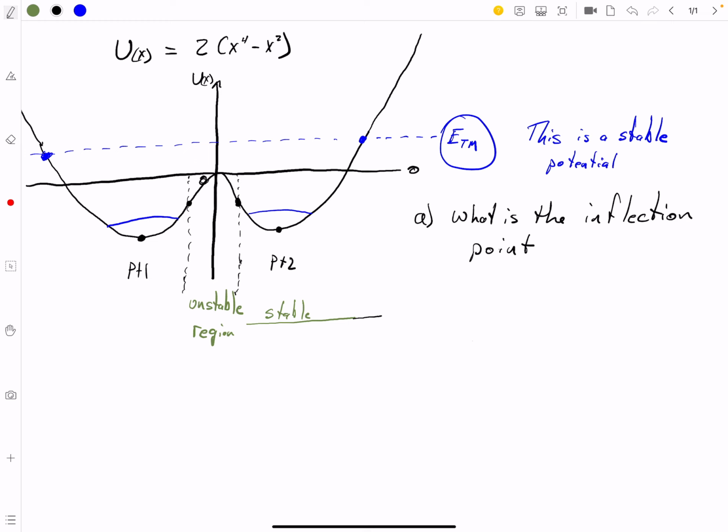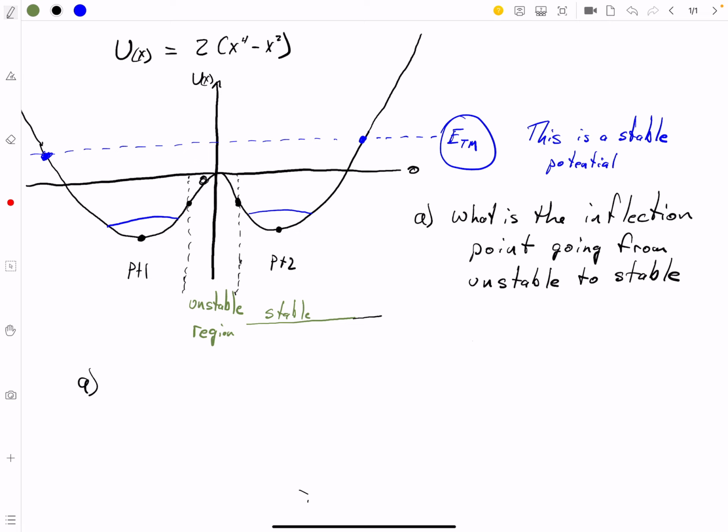Where we go from stable to unstable to stable, going from unstable to stable. Okay, what is that? So let's find it. What is that inflection point?